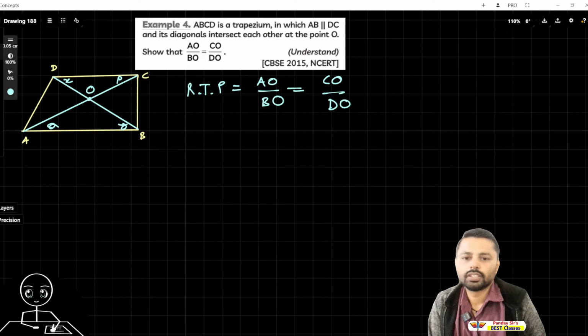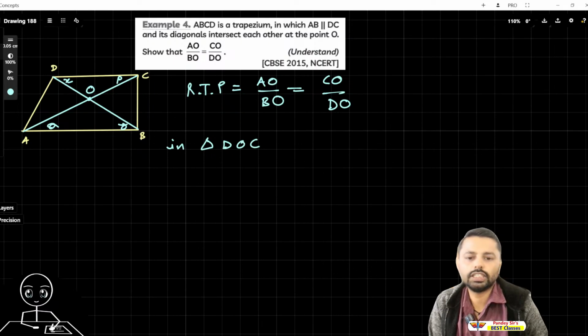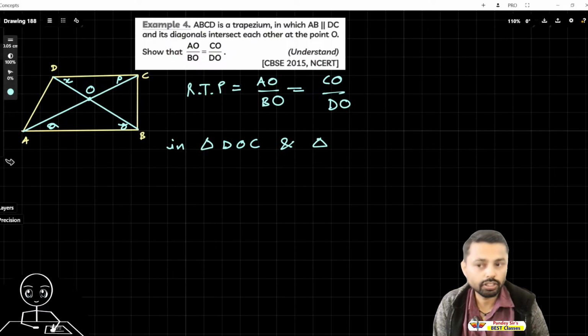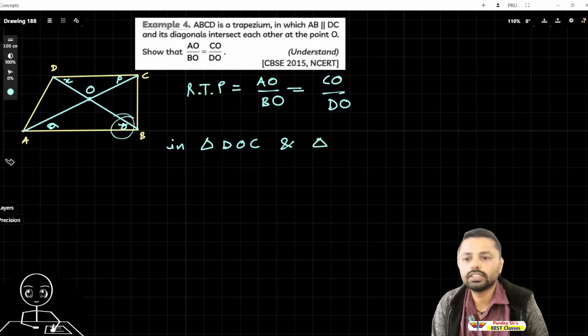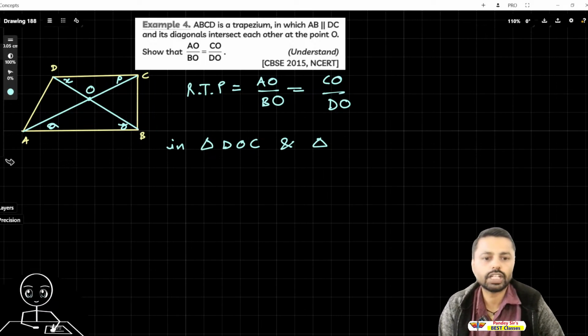So, in triangle DOC, and triangle, if I started with D, I should start with A, no? Wrong. See, this X and this Y are equal, alternate interior. So, I must start with B. So, triangle POA. Okay.